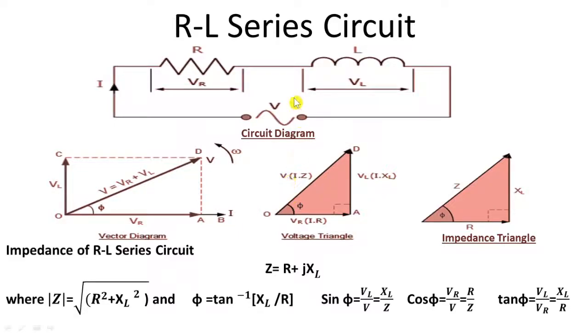And V is for the total circuit, so it is taken as I into impedance Z, because impedance is for the total circuit.